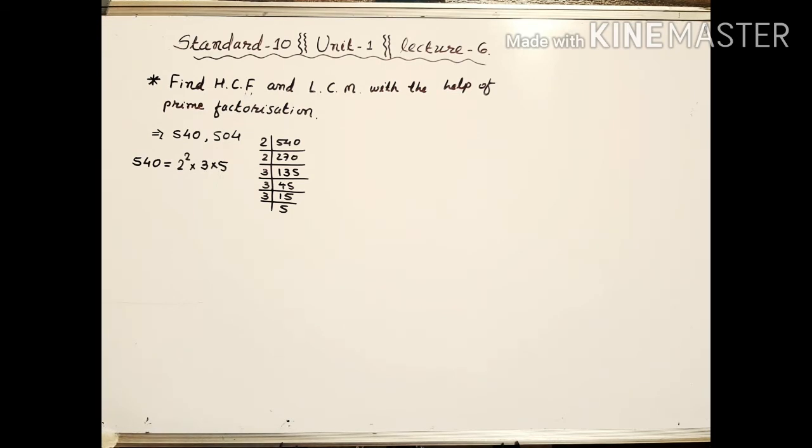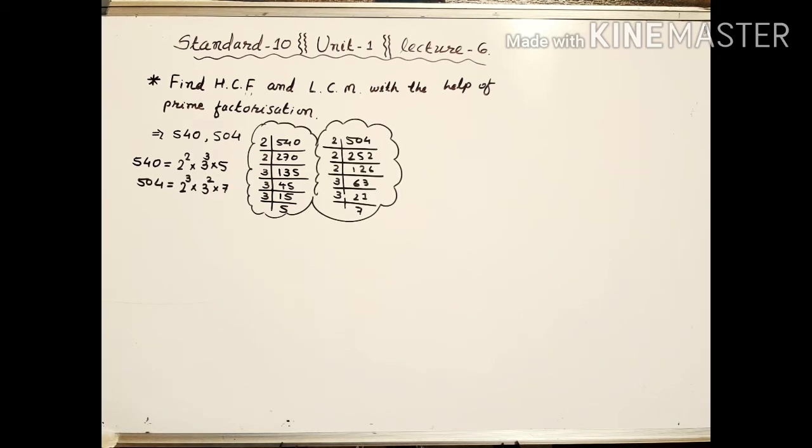And now let's take prime factors of 504. Prime factors of 504 are: 2 is thrice, therefore 2 cube, into 3 is twice, therefore 3 square, into 7. Now if you want to find the H.C.F., the highest common factor of both of these integers, we'll see which prime factor is common in the prime factorization.